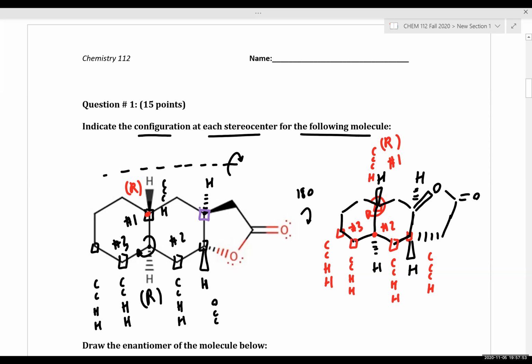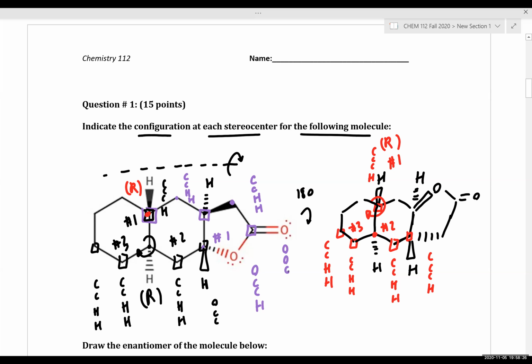So assigning priority. At our first carbon center out, we have an oxygen, 2 carbons, and a hydrogen, compared to a carbon and 2 hydrogens, and a carbon and 2 hydrogens. So which group is highest priority? The bottom group. Yep, so we assign this as priority 1. Now we're going to go another step out.